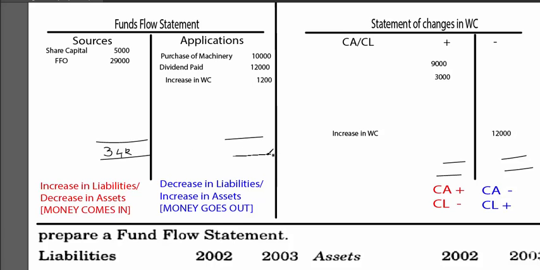And 10,000 plus 12,000 plus 12,000, that comes to 34,000. Right. And so it tallies, and that is the answer.